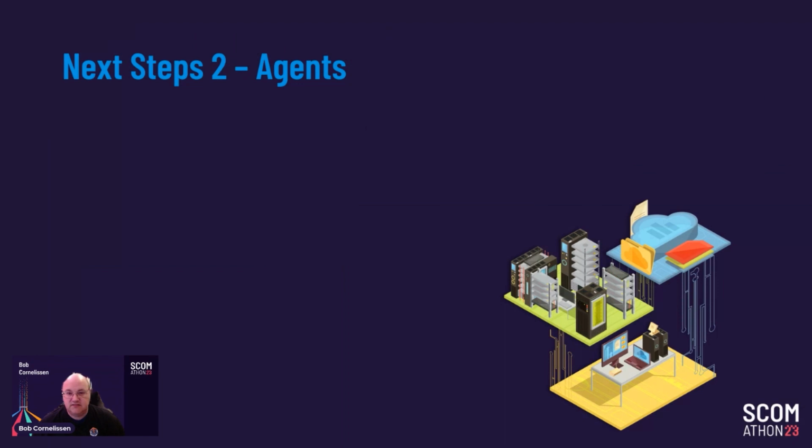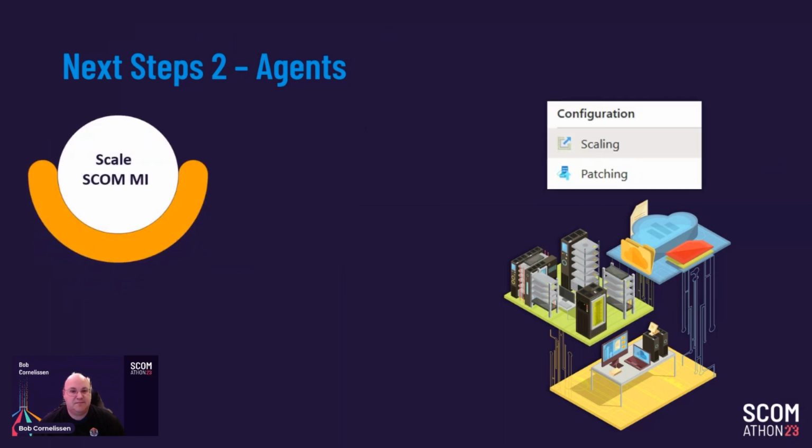What's next? The agents, right? When talking about agents, first of all, we need to talk about scaling. So we need to know how many agents there are. The simplest way, you can see there in the screenshot where it says configuration, scaling, and patching. The scaling part, if you click it, will ask you how many agents you have.